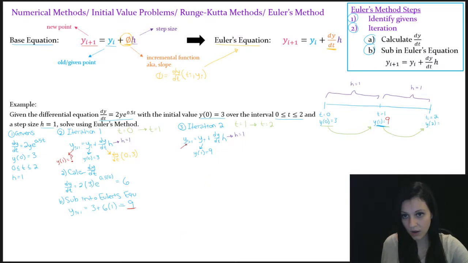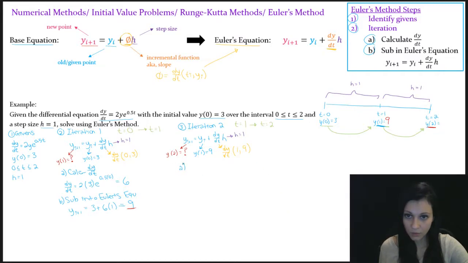And then this time y_{i+1} is going to be the y value at 2, because now we're looking for the new point y(2). And then dy/dt is going to be evaluated at (1, 9).